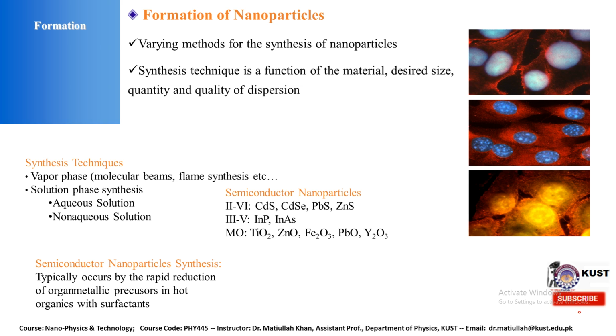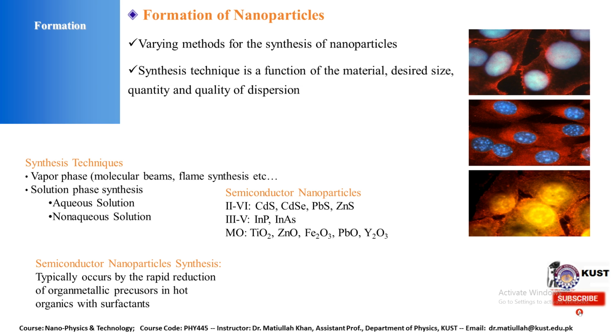When we create semiconductor nanoparticles, we can use that particular method, especially for group 1 to group 6 and group 3 to group 5. That is the combination of that particular semiconductor. In some cases, semiconductor nanoparticles could be synthesized with the rapid reduction of an organometallic precursor in a hot organic solvent with surfactants.